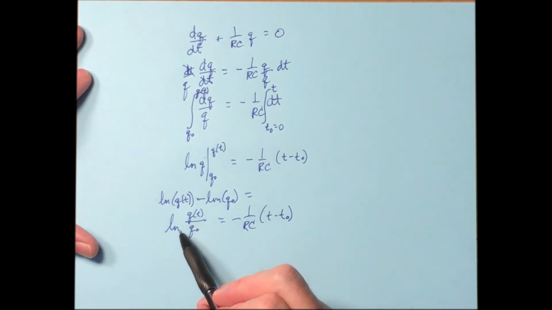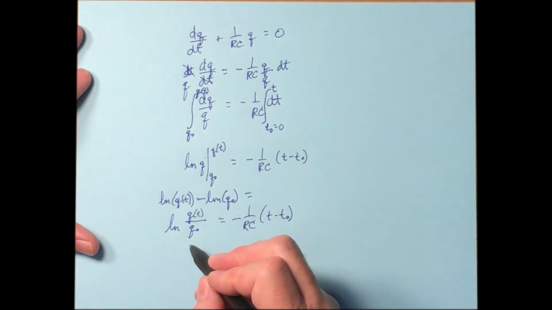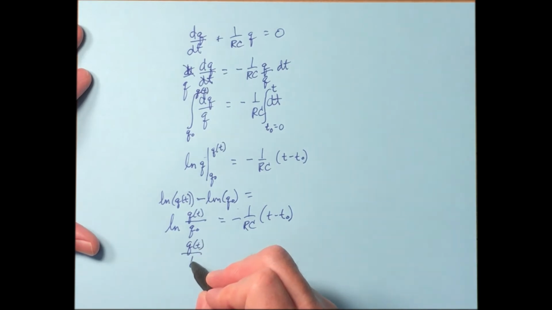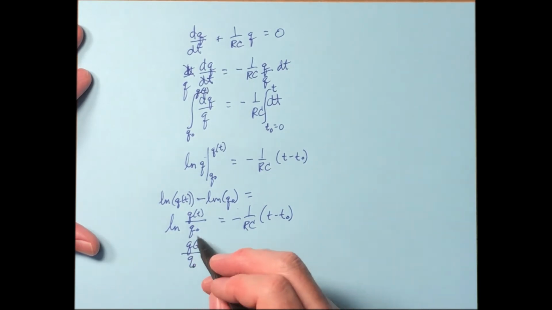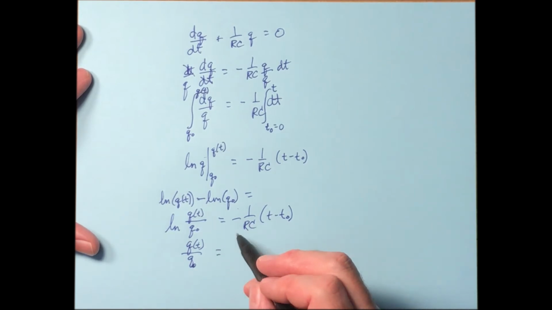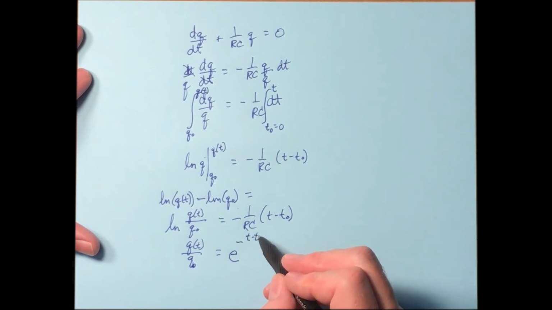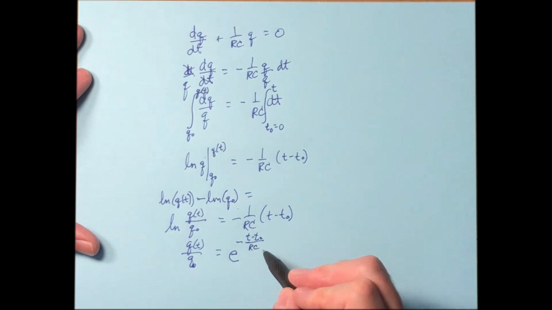All right, now we've got this natural log. We need to get rid of that. So how do you get rid of that? Well, you take the exponential of both sides. When you take the exponential of both sides, you've got Q of t over Q naught on the left-hand side, and on the right-hand side, you take the exponential of all that, and you end up with e to the negative t minus t naught over RC.